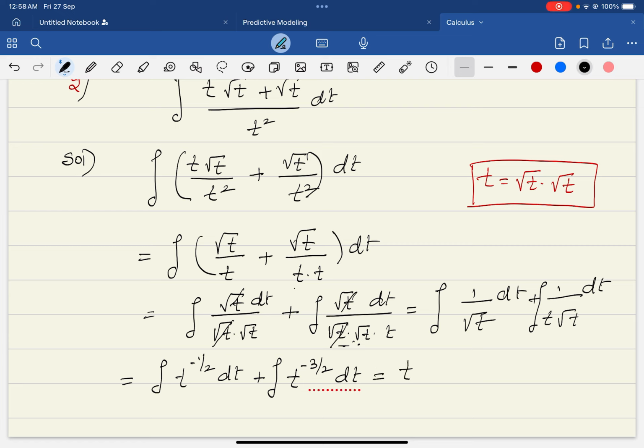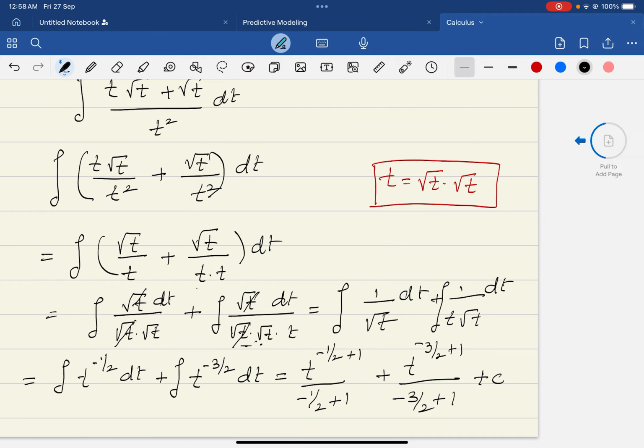So now the formula gives t power minus half plus 1 over minus half plus 1, plus t power minus 3 by 2 plus 1 over minus 3 by 2 plus 1, plus the constant.